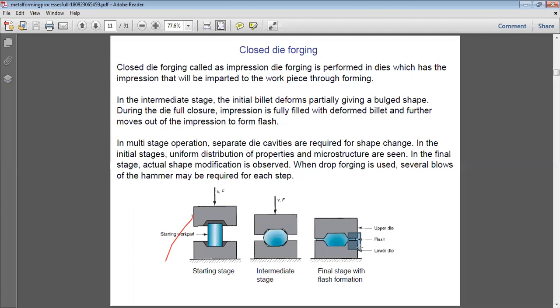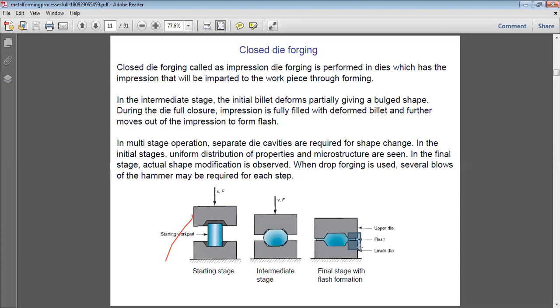When drop forging is used, several blows of the hammer may be required for each step. So if we are going for drop forging, an impact forging, then we have to apply frequent blows of the hammer for the completion of each step in the multi-stage operation.